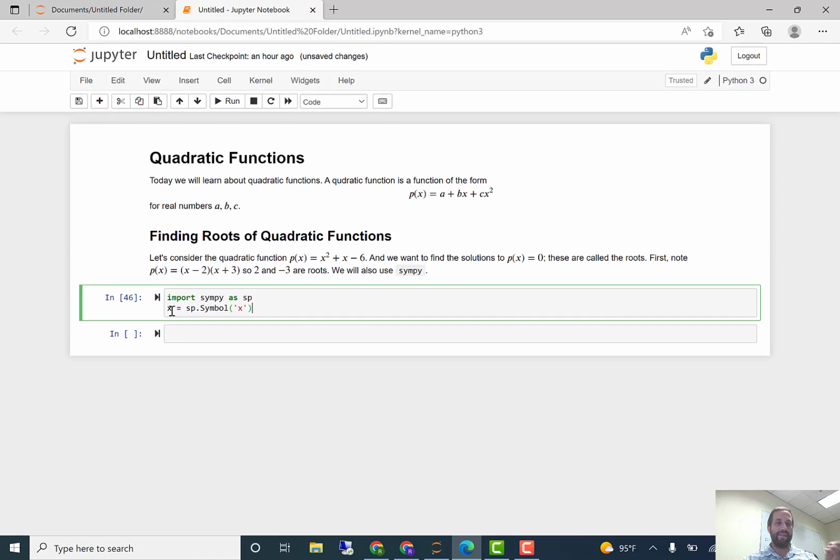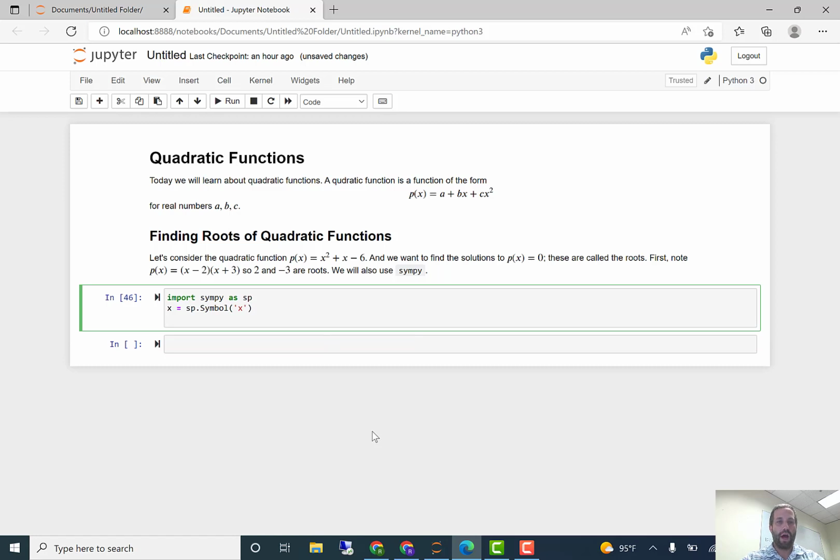So x is a variable in Python that is storing the symbolic variable called x. Now p is going to be equal to this polynomial: x star star 2, which means x squared in Python, plus x minus 6.